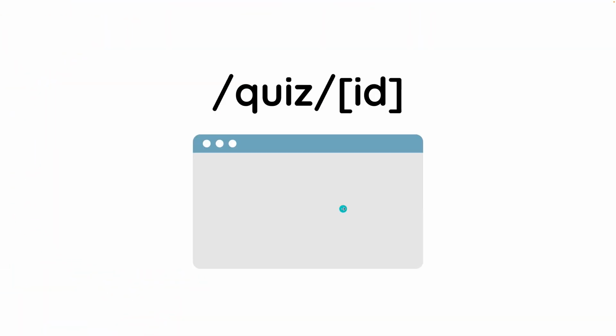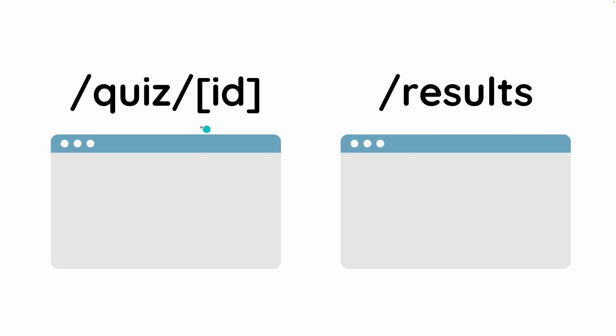So what we have here is this quiz/ID page where we're answering all of our different questions, but the answers to those questions, we need to grab them within 2 different pages. So we can't really store our answer state just in the page.svelte file that is over here, because if we did that, then we can't access it within our results.